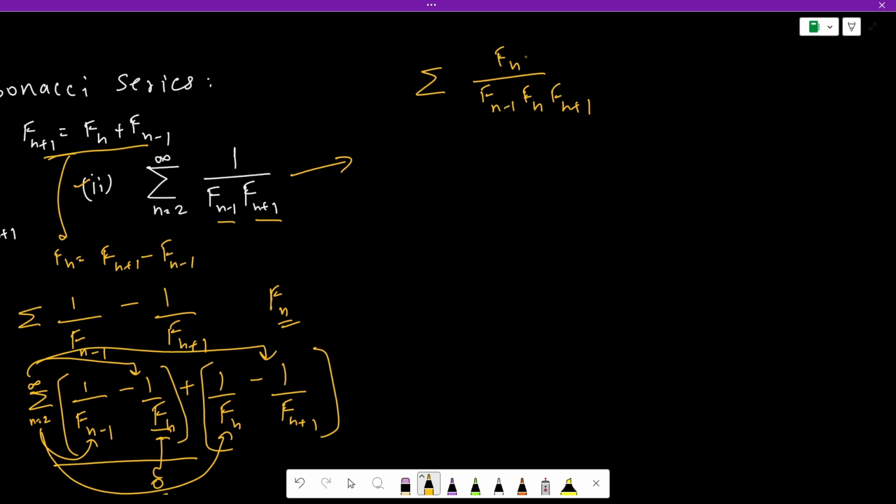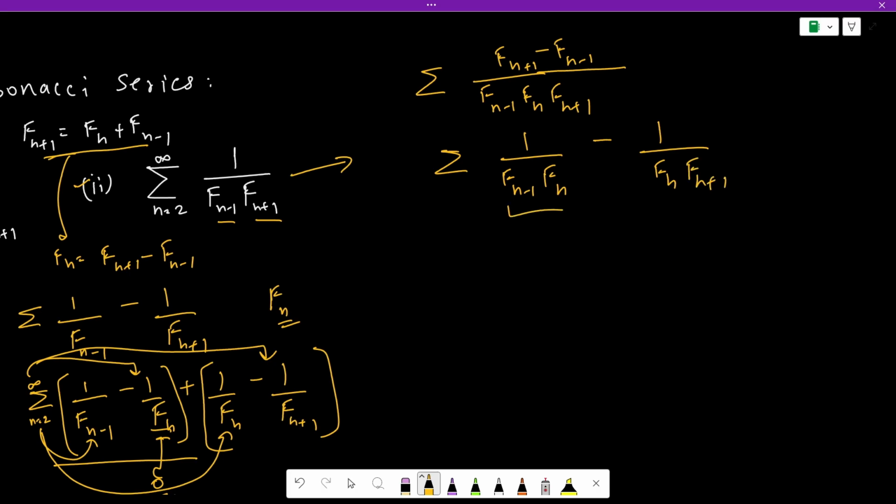Now let's write Fn as Fn plus 1 minus Fn minus 1, and now just break it. So this will be summation 1 by Fn minus 1 Fn minus 1 by Fn Fn plus 1.